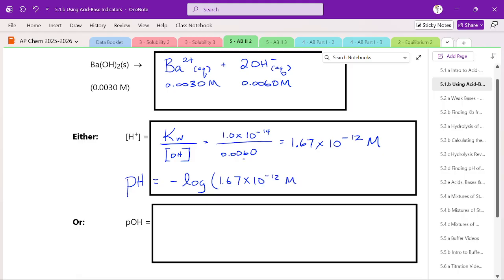Either way, you can do 14 minus 2.2. So the pH is going to be... it's going to be blue.